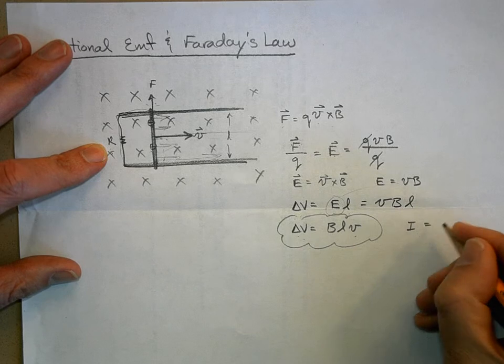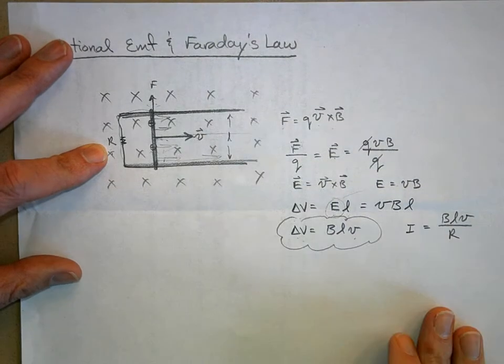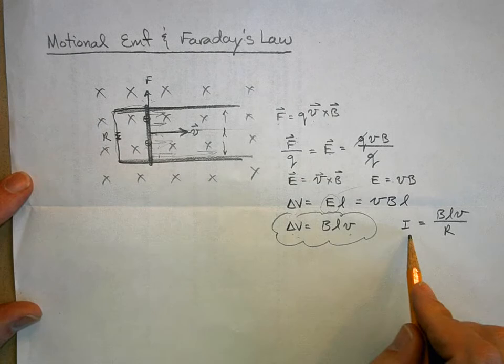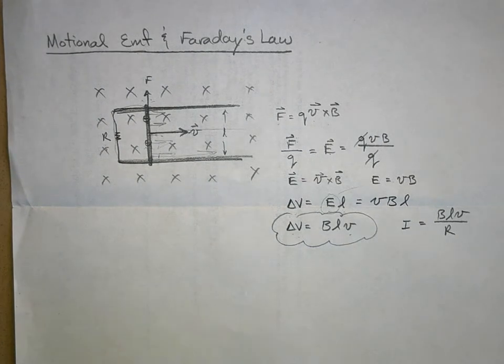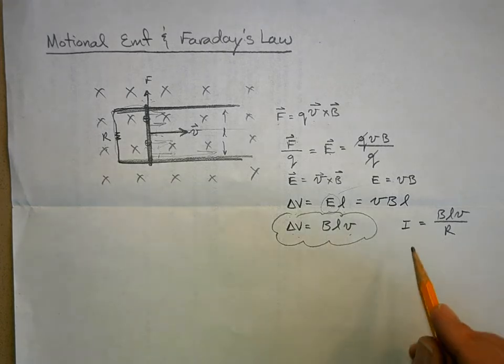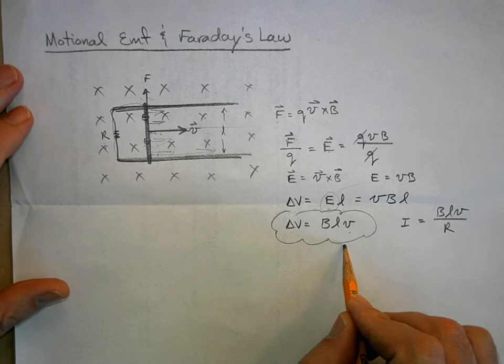So this is going to be BLV over R. That's the current that flows through here. And then all those things like power apply, P equals I times V. And so you could just go on from there. And the book does. Read the book. It goes into a little bit more detail here. But this is the big deal right here, BLV.